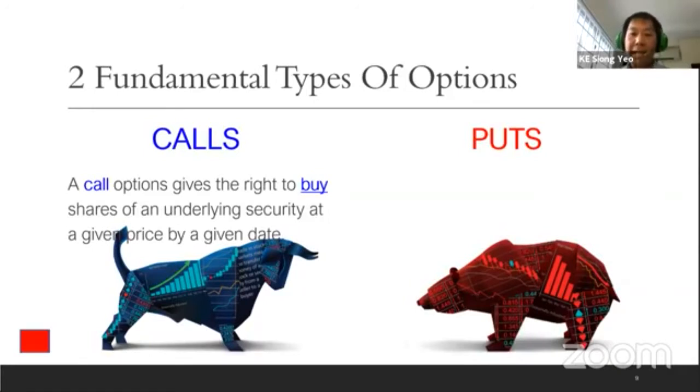Puts, on the other hand, I use a bear to explain what a put is.